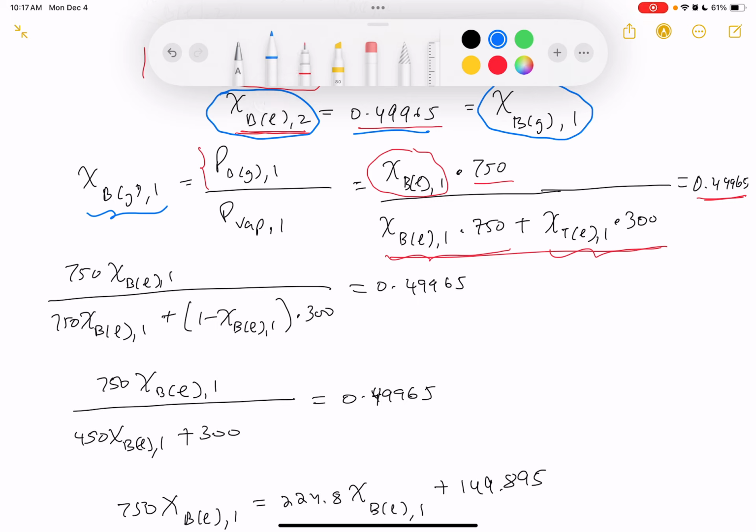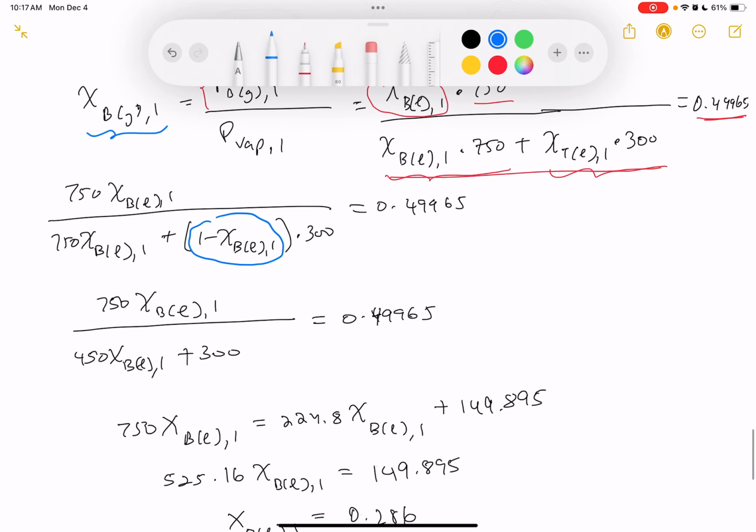Now I substitute, instead of mole fraction of toluene, I write it as 1 minus mole fraction of benzene liquid in 1. And then I expand that expression. Again, I get 300 times 1, which is 300, and then 300 times mole fraction of benzene, that's the negative 300. 750 minus 300, again, is 450, right?